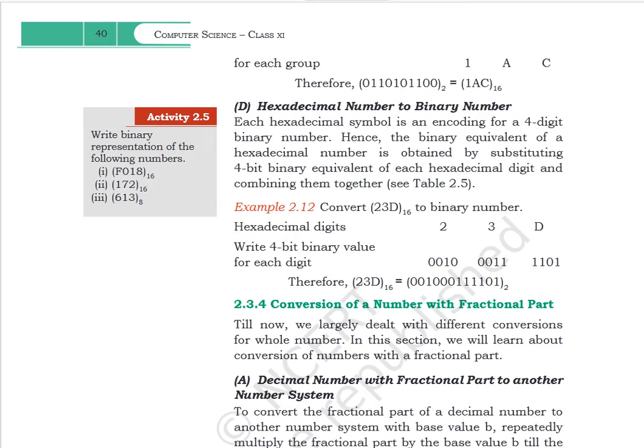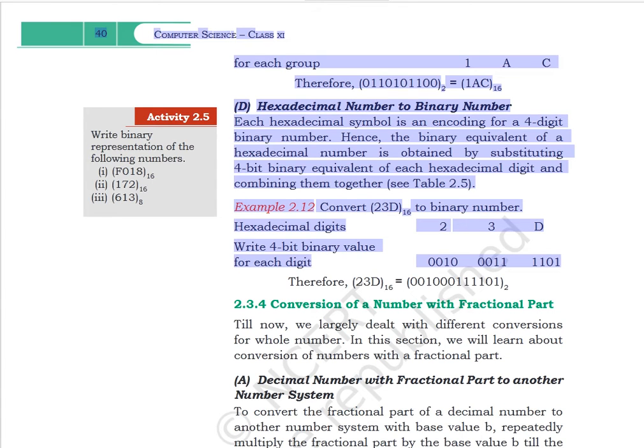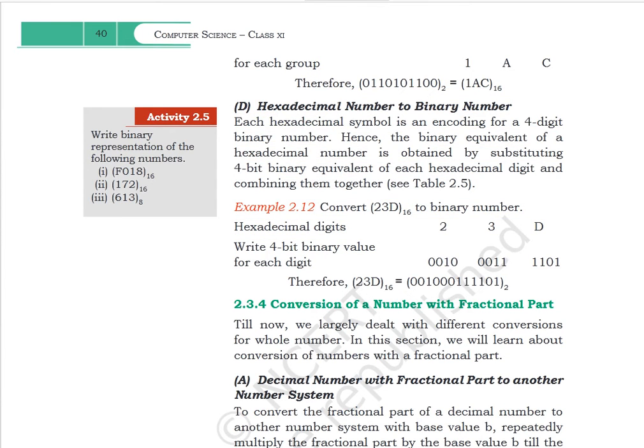Now the hexadecimal digits are 2, 3 and D. Just write down the respective group of 4 binary bits. 2 means this one, 3 means this one, D means this one, 1101. Then write down the total number here. With the help of grouping of 4 bits we can convert hexadecimal number to binary number and binary number to hexadecimal number.